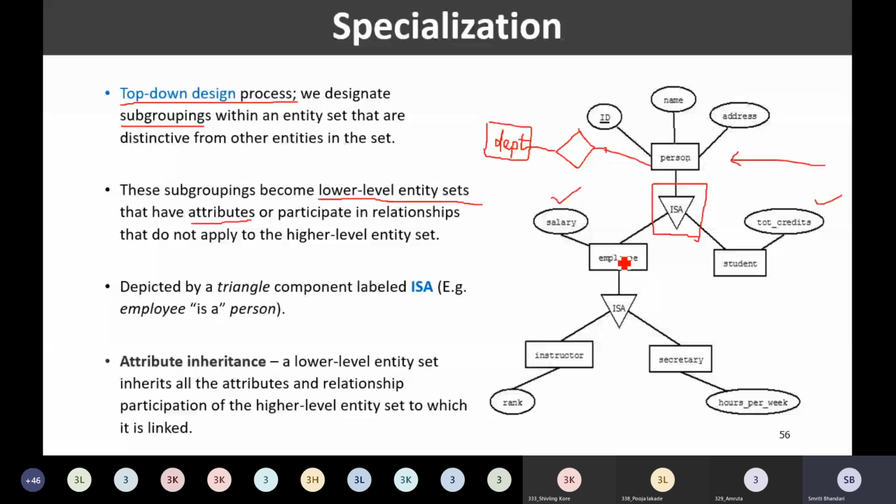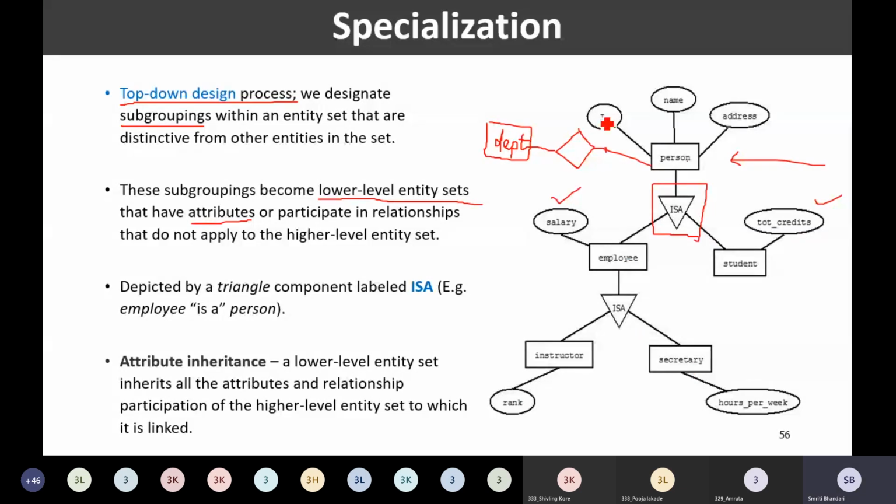So, instructor is an employee, secretary is also an employee. So I may further have the subgrouping of employee like instructor, and also the subgrouping of employee as secretary. So I may come up with these two entity sets, instructor and secretary, under employee.